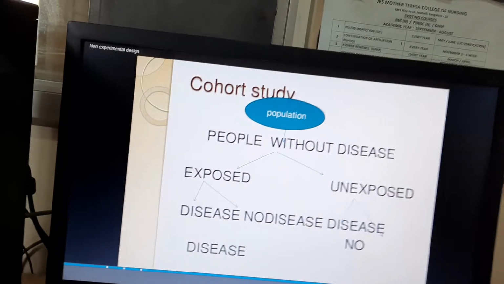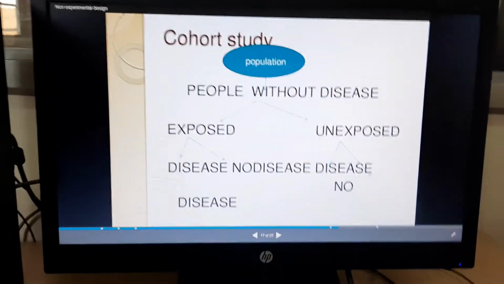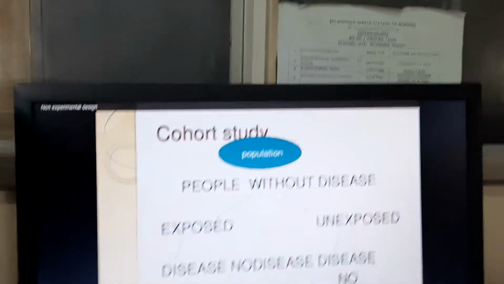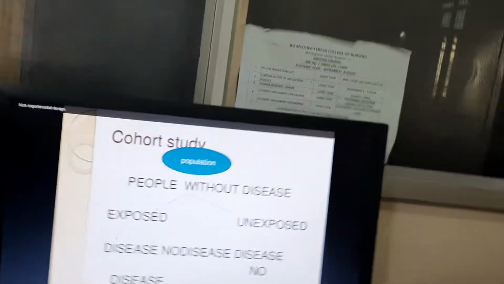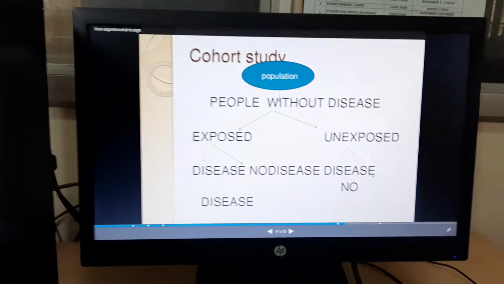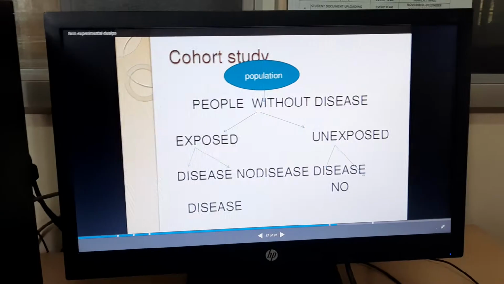One more time, I am telling you, in a cohort study the population we take is people without disease. For example, for AIDS, we cannot go and search for who has AIDS.